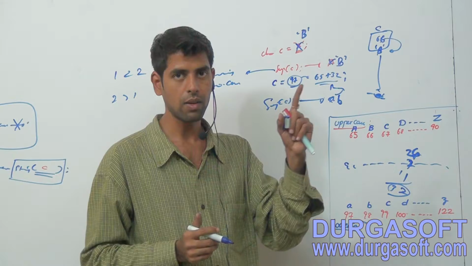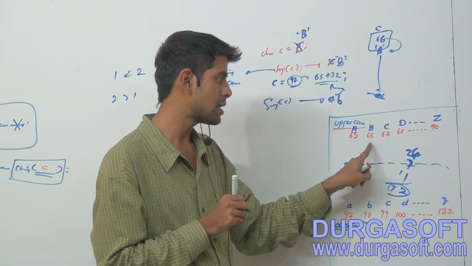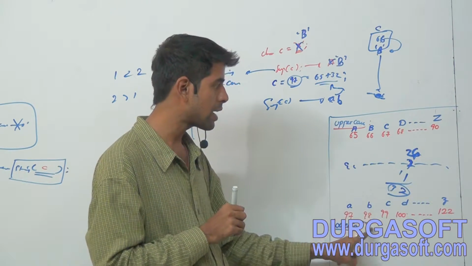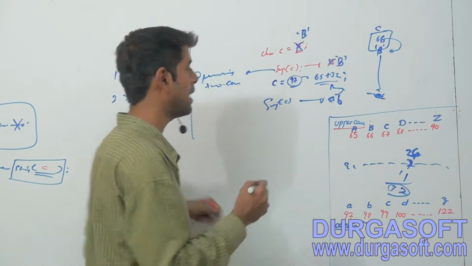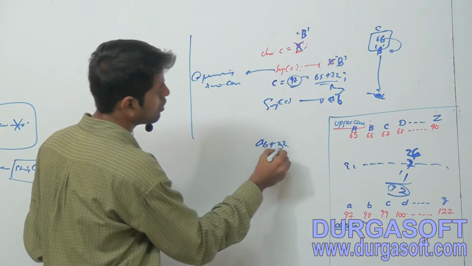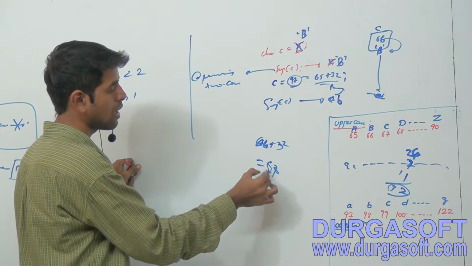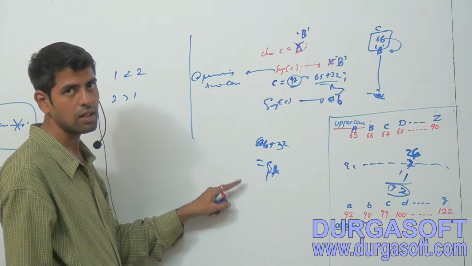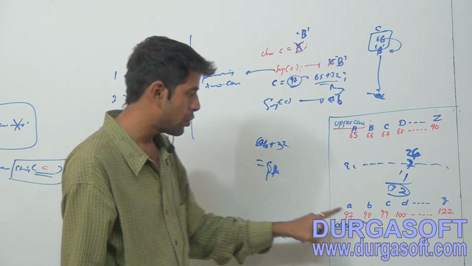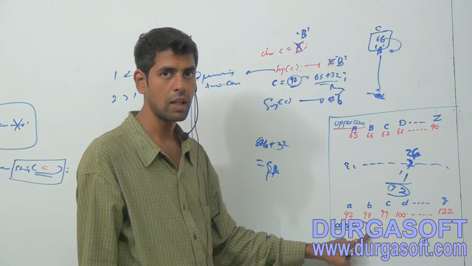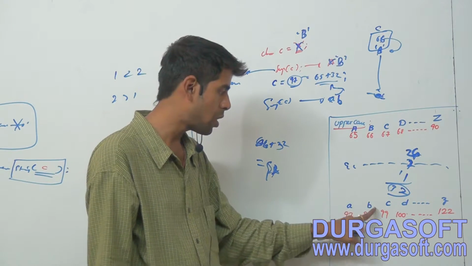If I am at 66, to reach 98 I add 66 plus 32 units. So I will get 98, which is the Unicode int value for our small b.